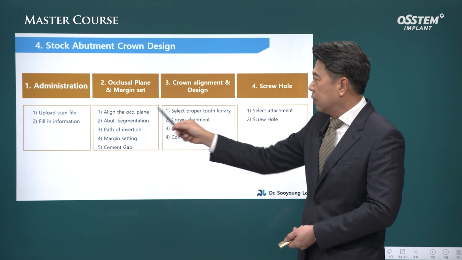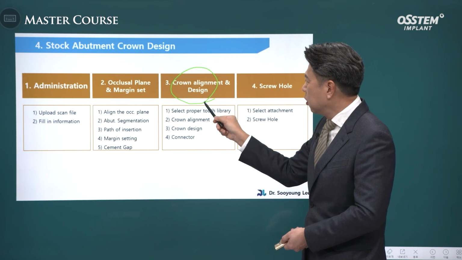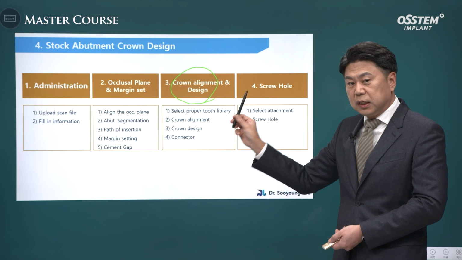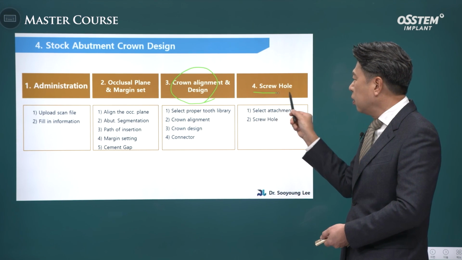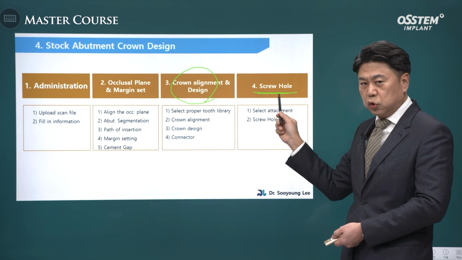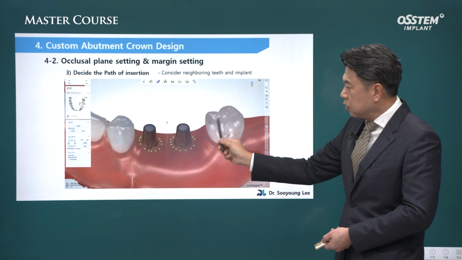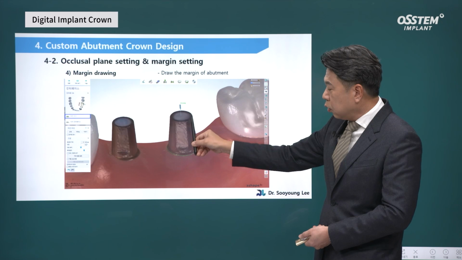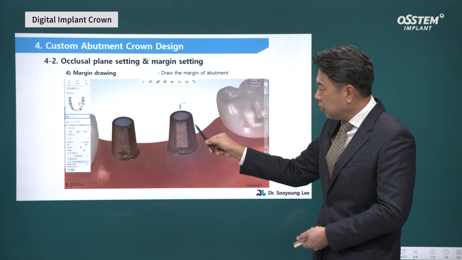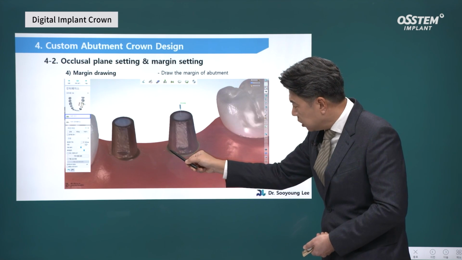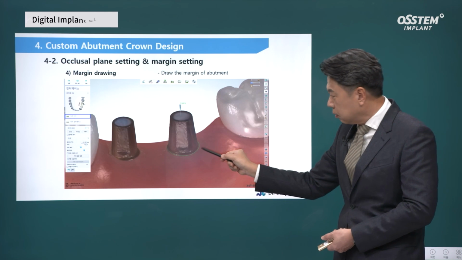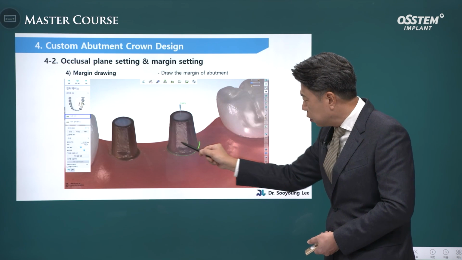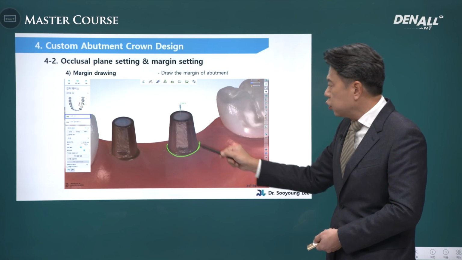Stock abutment is very similar. The process is a little bit different. The crown is designed first because the abutment is a stock product. After that, a screw hole should be made. The rest is the same. The margin should be set. The abutments were directly scanned, and there is no margin set here. As there is no margin data, we need to edit and set the margin information.